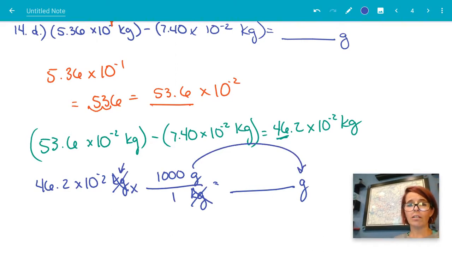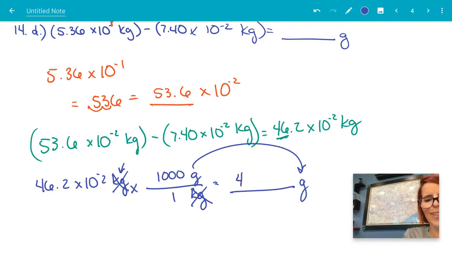I'm going to do it on my calculator while I talk. 46.2 times 10 to the negative 2 times 1,000, not divided by 1,000 this time, is 462.